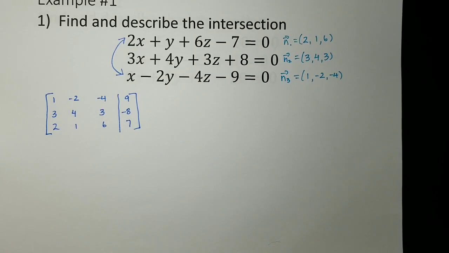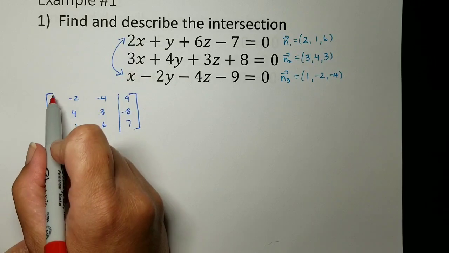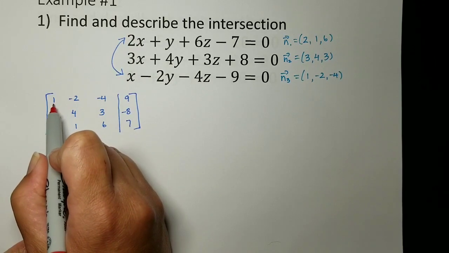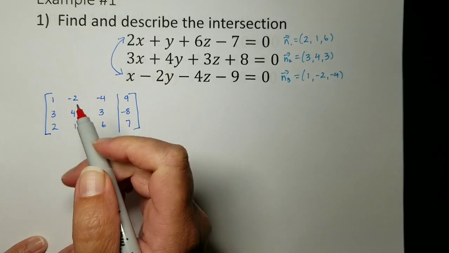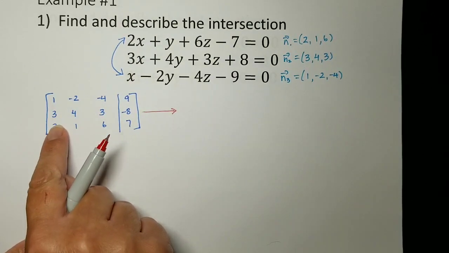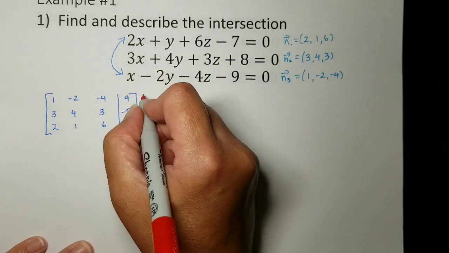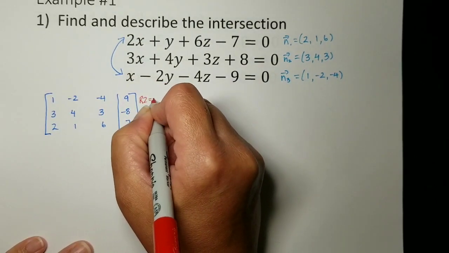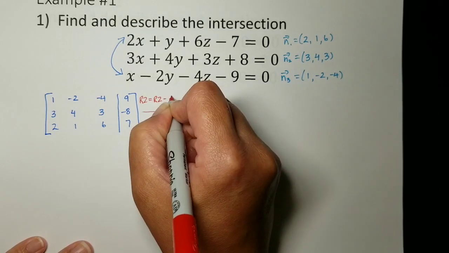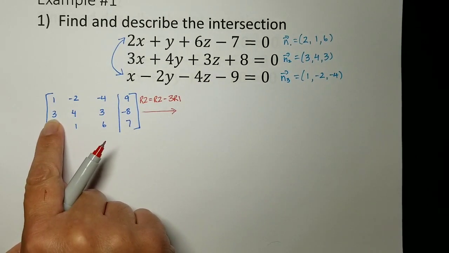I am going to take a look first. And the first step, remember, was get a 1 in that top corner. That's done. So now I can work on getting zeros. Step 2 was zeroing out here. So row 2 is going to equal the old row 2 minus 3 times row 1, because I have to get a 0 there.